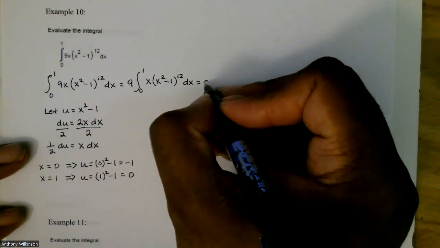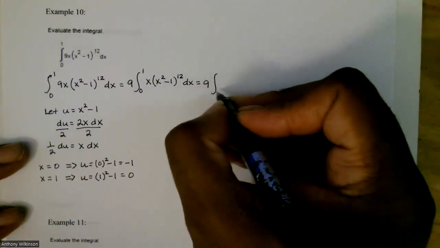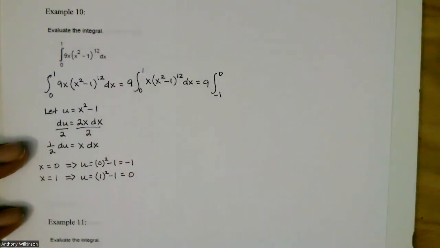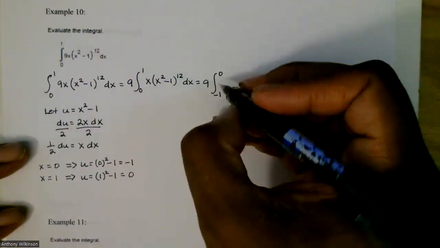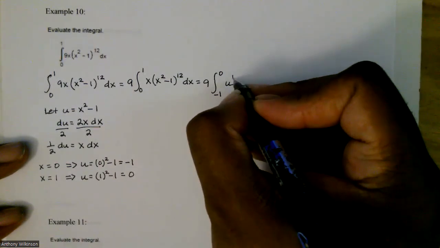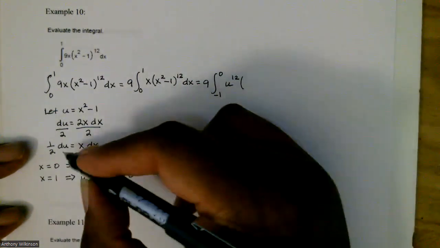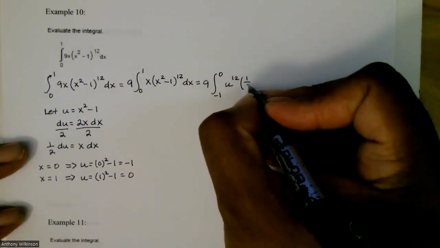All right, so now I'm going to have 9 times the integral from -1 to 0, and then do my substitution here. That x squared minus 1, that's going to be u, and it's going to be to the 12th power, times x dx, that's going to be 1/2 du.